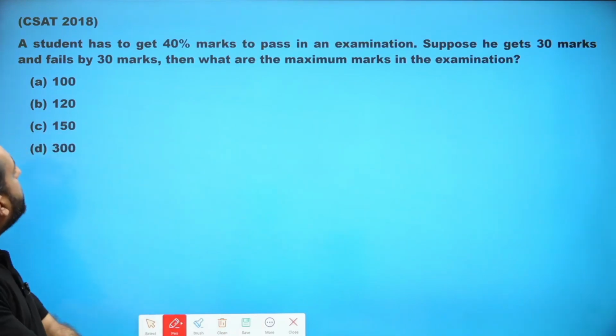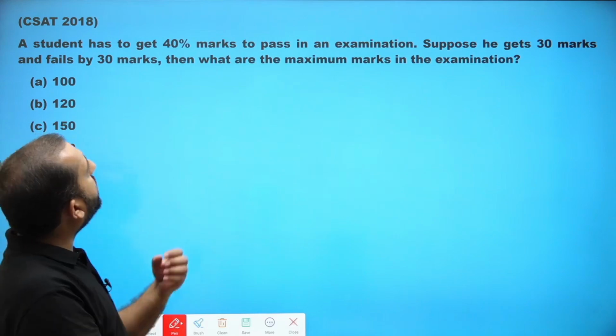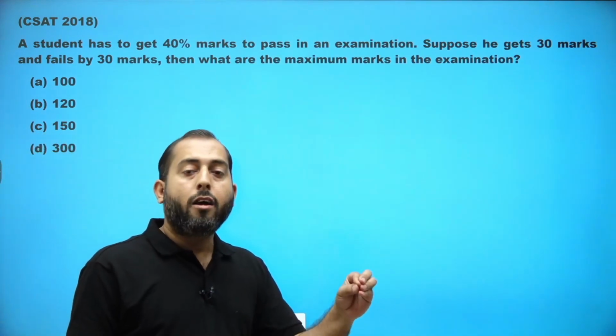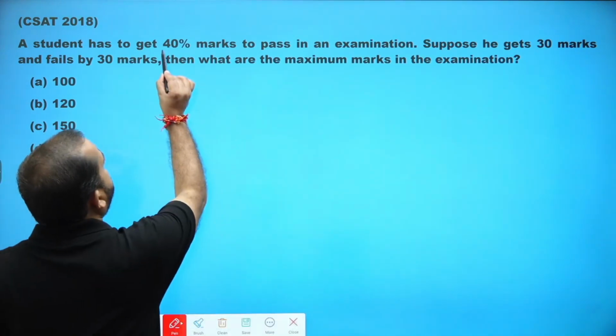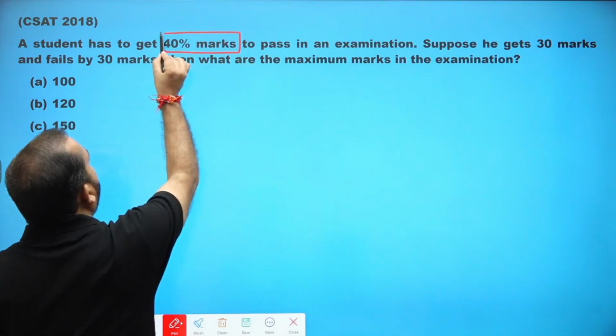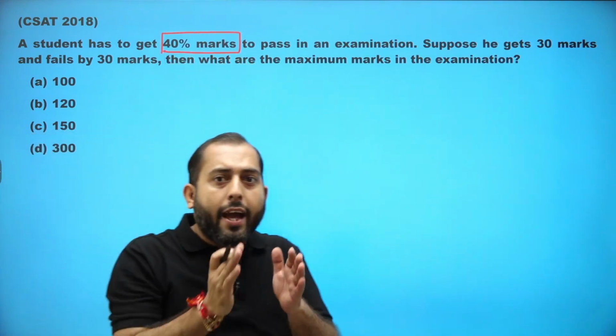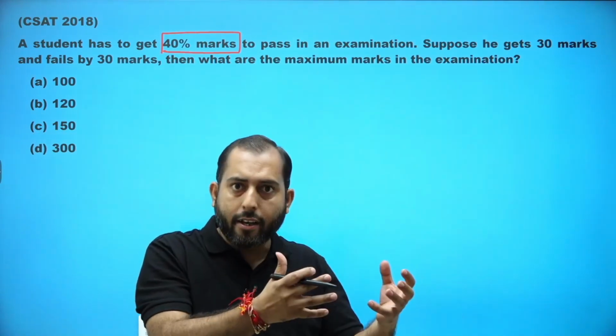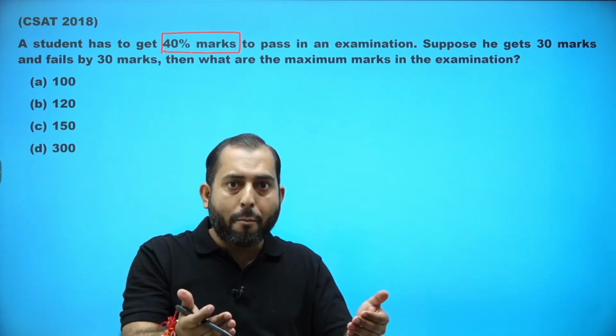This is the next question. It says a student has to get 40% marks to pass in an examination. See, this is the pass percentage. So to calculate the actual marks for passing, we should know the maximum marks also.